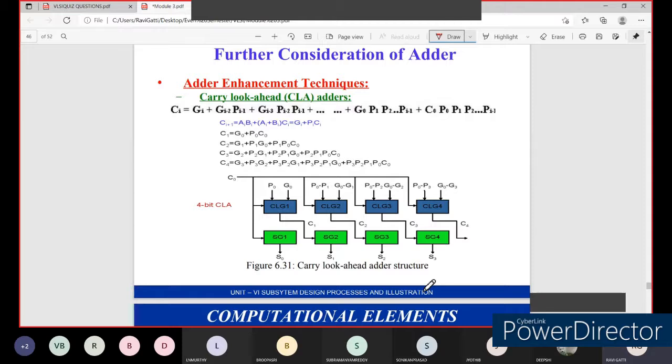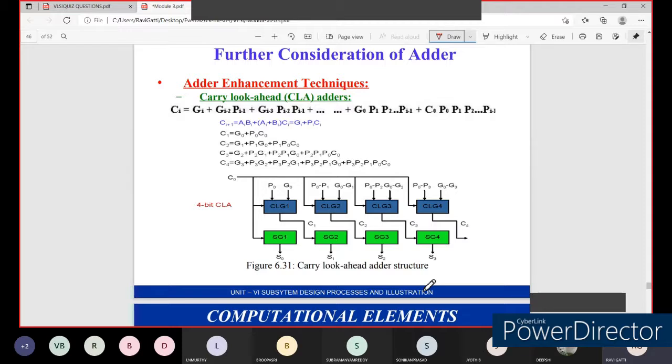This carry look ahead adder is used more frequently compared to the carry skip adder and the general adder we have considered. With it, we can increase the performance of the adder.